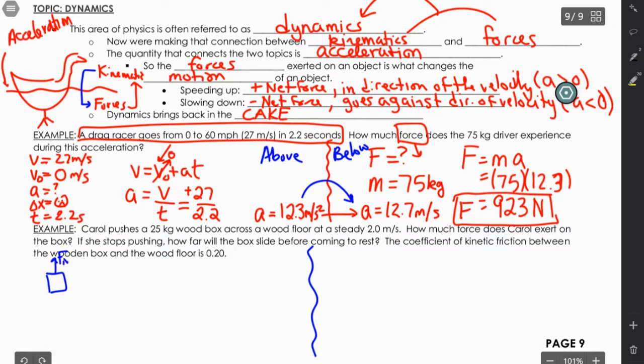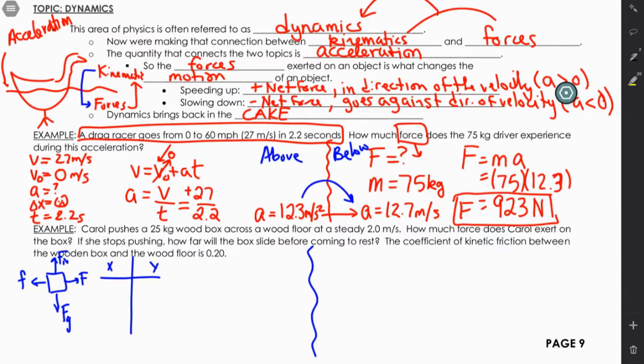And so we're going to do our draw, sum, solve. So Fn, Fg, Carol's pushing force, which is F, and then here we have the friction force, right? And so sum the forces.